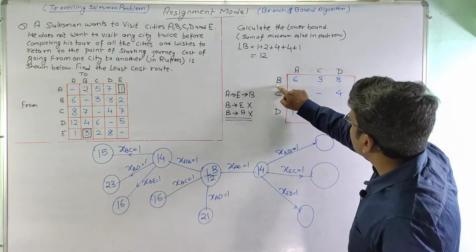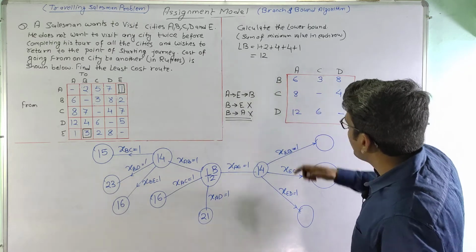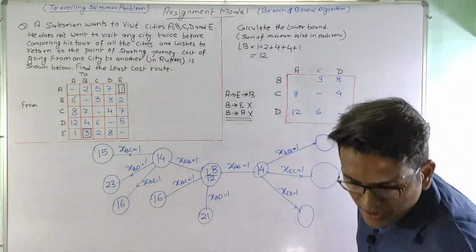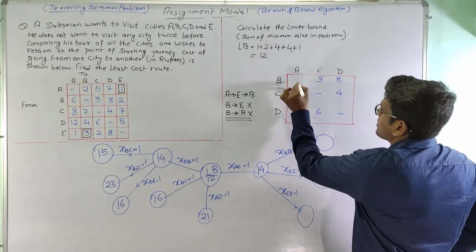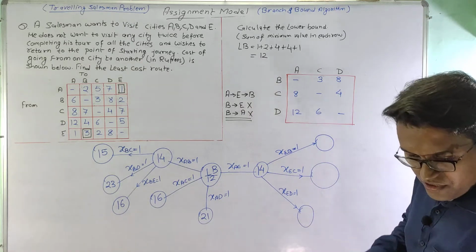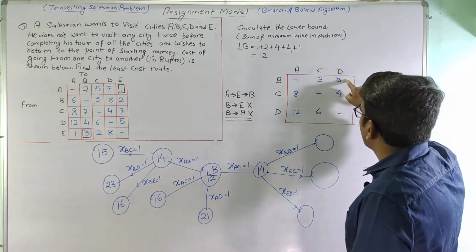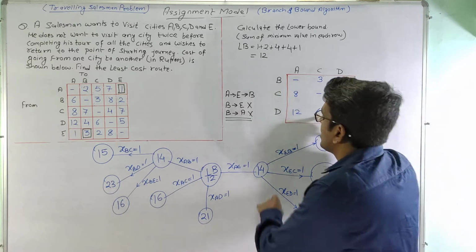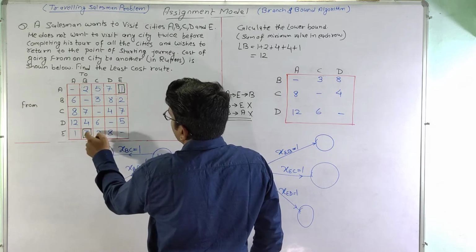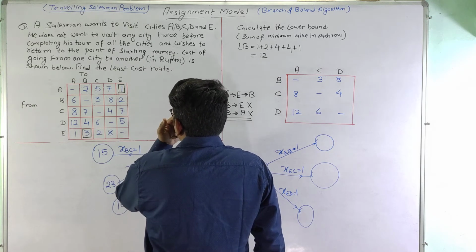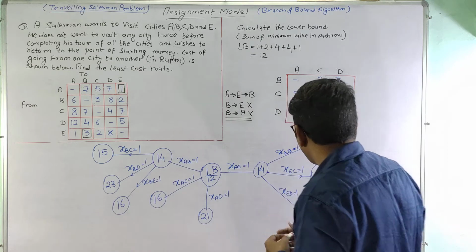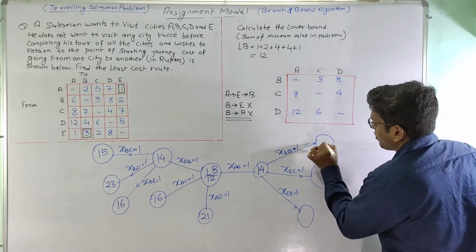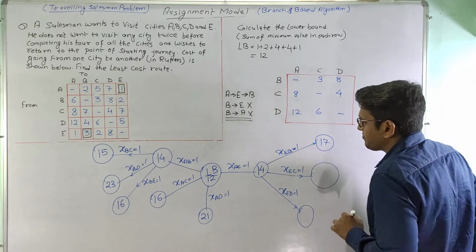So we can see that we have a value for B to A. We will erase this value and instead we will put a dash sign here to make a restriction. So again we will calculate the lower bound, which is 3 plus 4, 7, 7 plus 6, 13. Now 13 plus 3 plus 1, 4. 13 plus 4 is 17. So for XEB equal to 1, the value of lower bound is coming as 17.